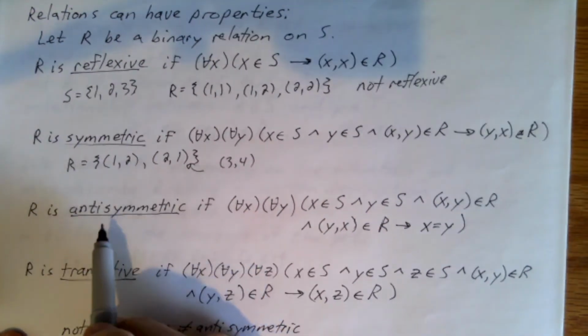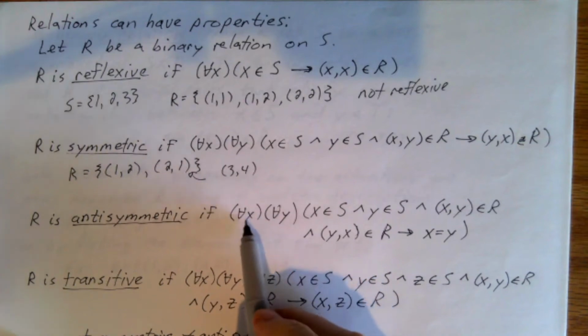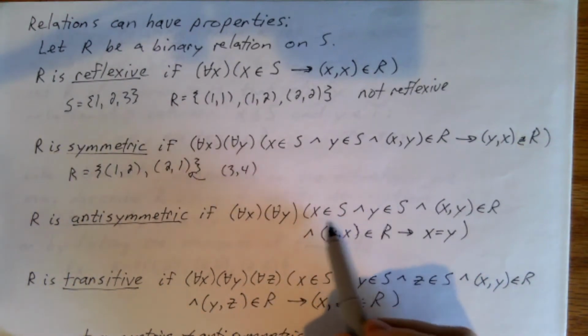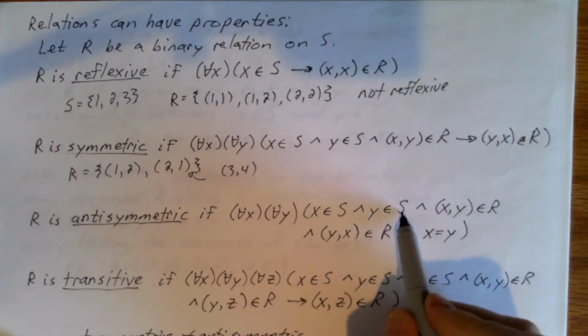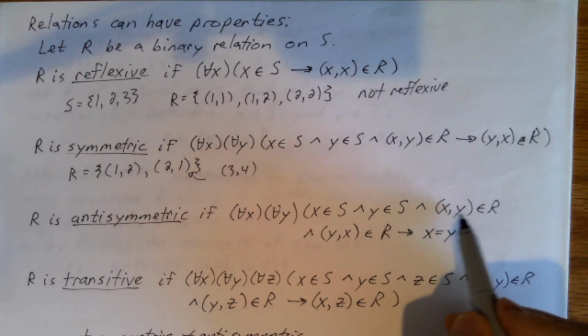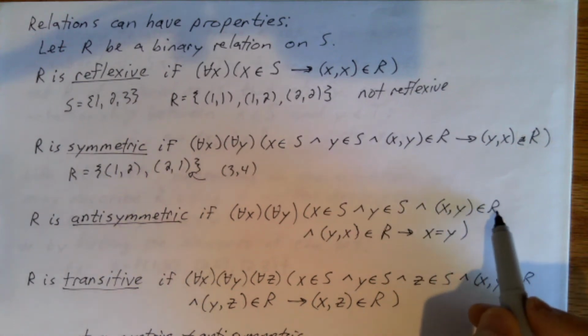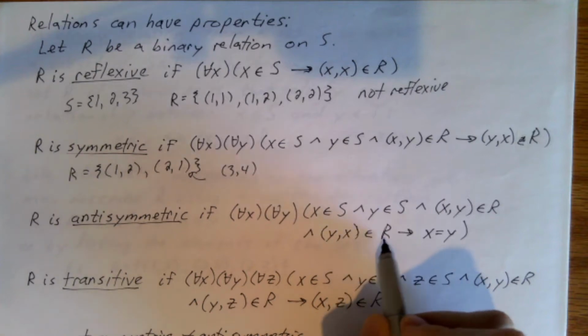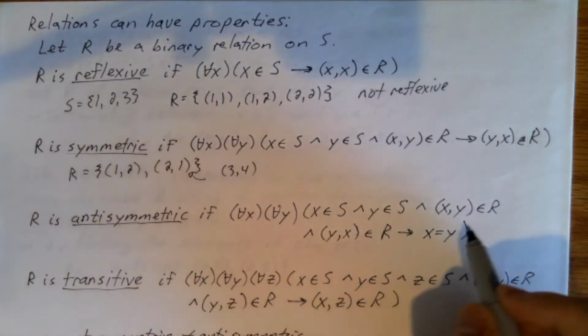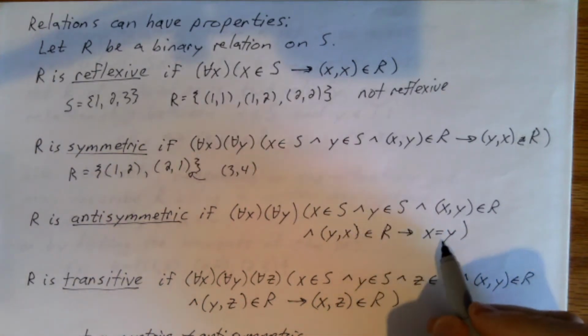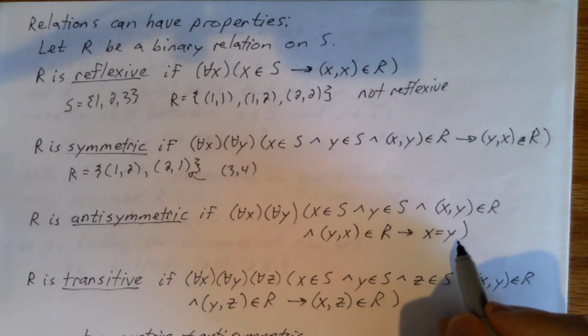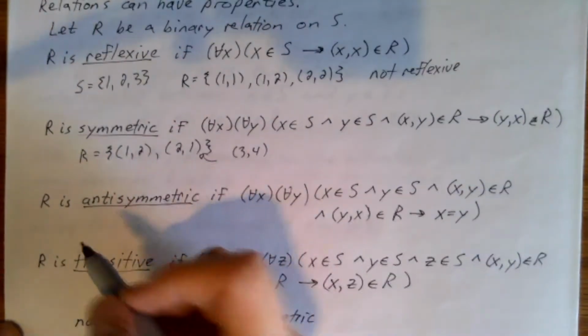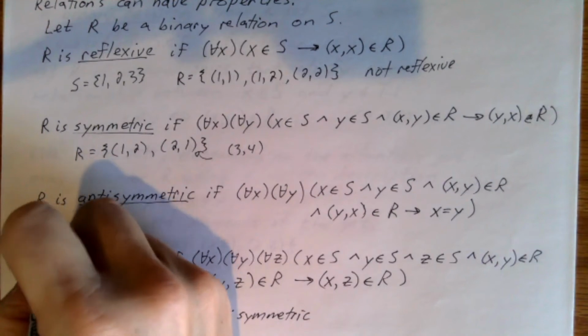So anti-symmetric says that for all x and all y, if x is an element of S and y is an element of S, and (x,y) is an ordered pair inside R, and (y,x) is an ordered pair in R, then it must be that x is equal to y. So let's say that we had something like this.